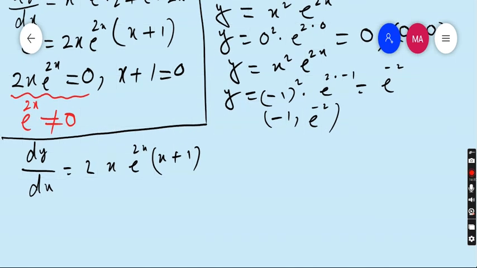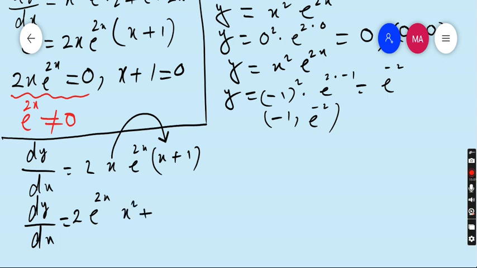First, shift this x inside the bracket, otherwise we will use the product rule two times. Shift this x inside the small bracket. So 2 e power 2x into x square plus x.